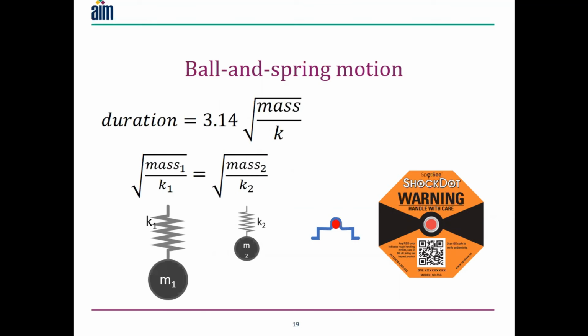And in this case, I'm basically showing you one of Spotsy's products called a shock dot, where we really do that. And this is just a tiny plastic cup that you can actually see in the center of the sticker over there. And the mass in this case is literally just a drop of red ink that is held in the cavity in the plastic dot there, literally by capillary forces.